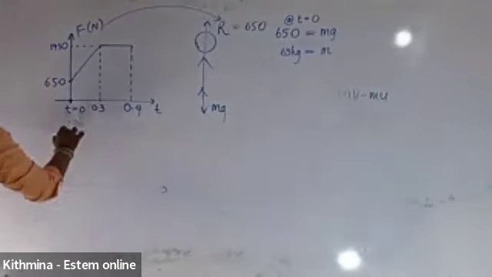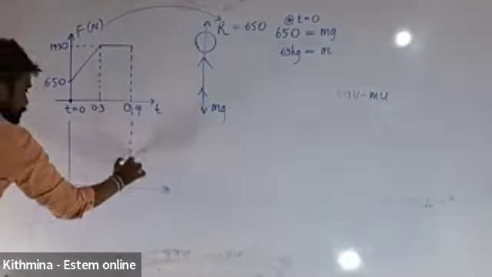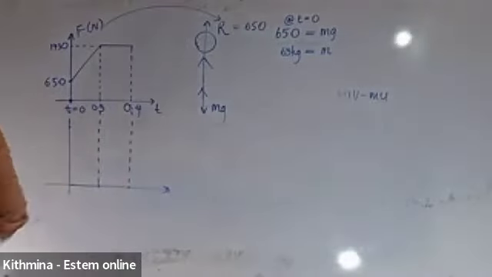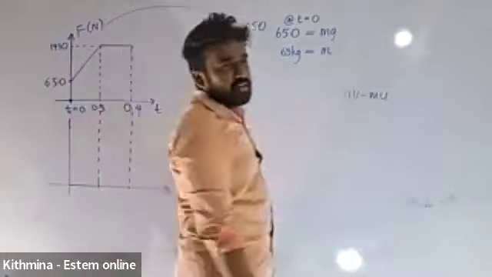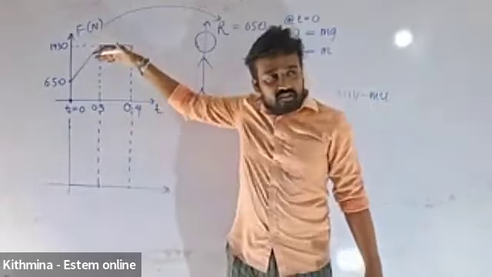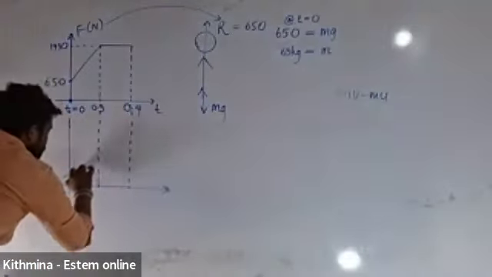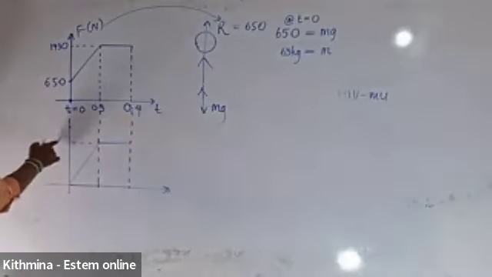We should draw the graph again for this. It is not hard. Subtract the graph from 650. Then the new graph is this. What's the value here?